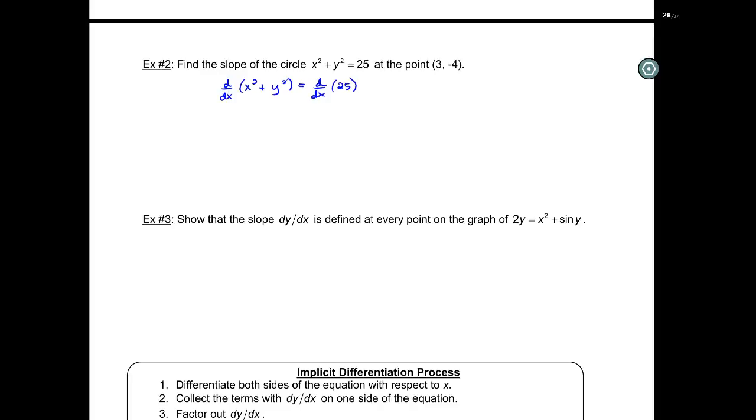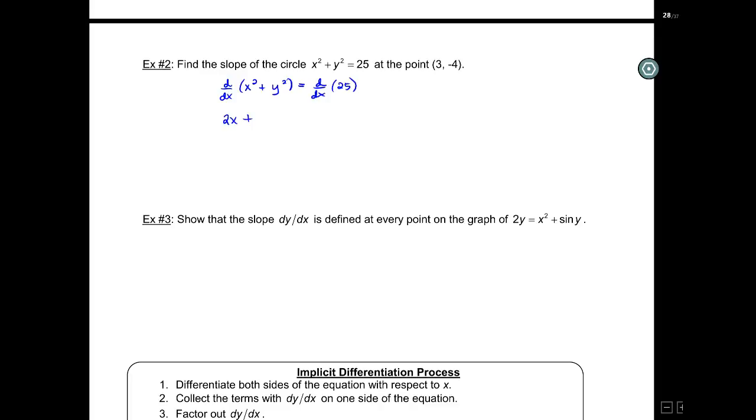You could have lots of terms. Everywhere I encounter x, I just do the derivative like normal. Anytime I encounter something that doesn't have an x in it, has a y, a z, a, b, c, it doesn't matter, I'm going to have to put d of whatever the variable is over dx. So here I get 2x.